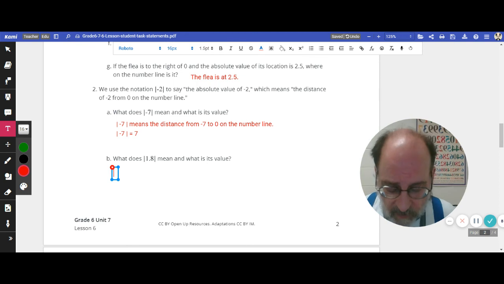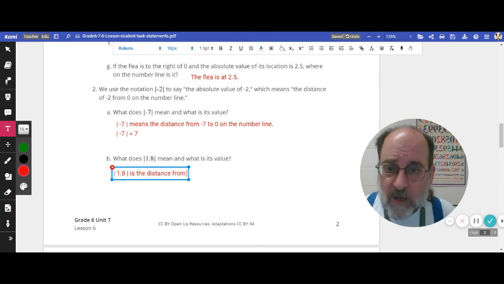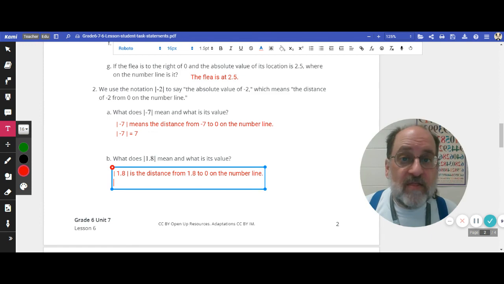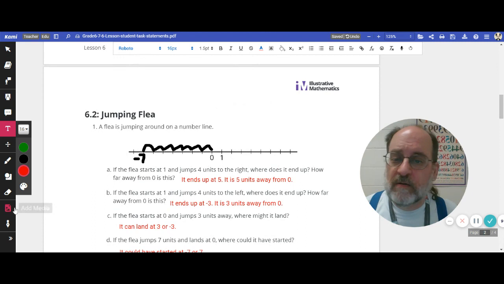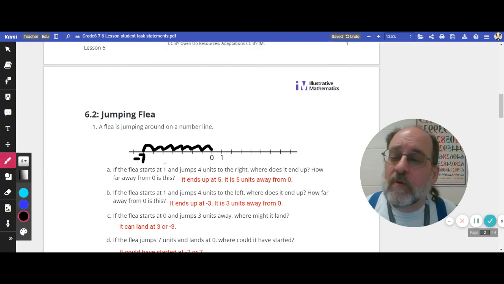The same idea down here. The absolute value of 1 8/10 is the distance from 1 8/10 to 0 on the number line. This one is a little bit harder to envision, but if we go back up to the number line, what we are doing is jumping 1 whole unit and then 8/10 of a unit.